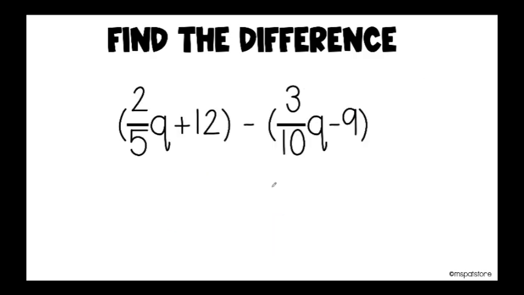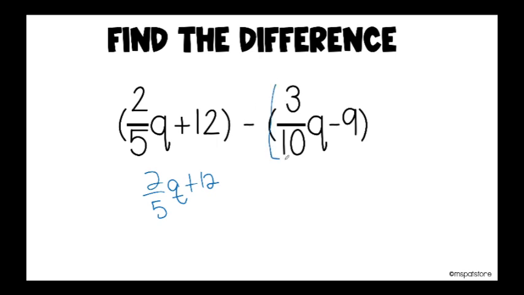How about you challenge yourself and try to do this subtraction by yourself? Pause the video and go. Right? In this case, we have 2/5 q positive 12. The like term that I have is 3/10 q. But remember, as I am subtracting, I need to add the opposite of each one of the terms in the second expression.